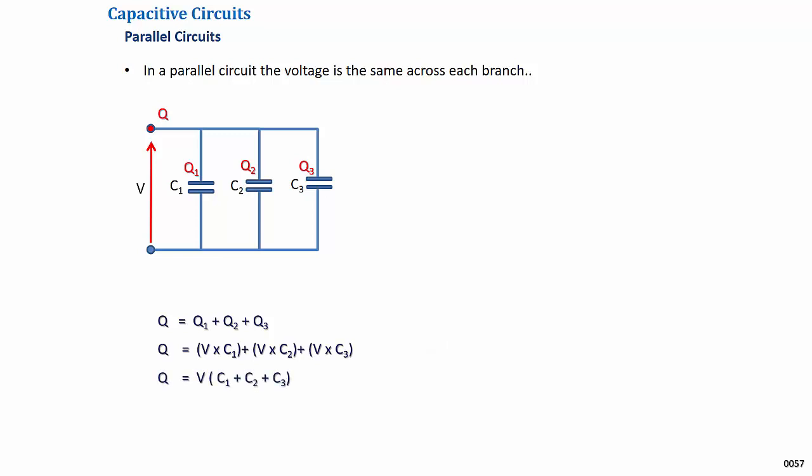Taking out V as the common factor, Q equals V times (C1 plus C2 plus C3). Dividing through by V, Q divided by V equals C1 plus C2 plus C3. Since Q is the total circuit charge and V is the applied voltage, then by definition this must equal the total circuit capacitance Cp.